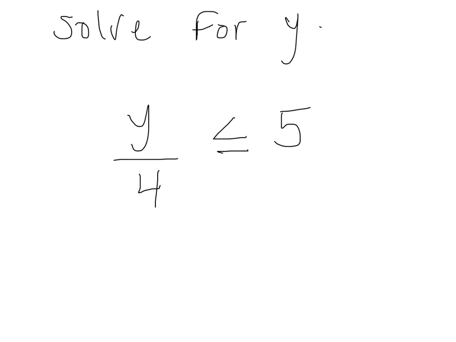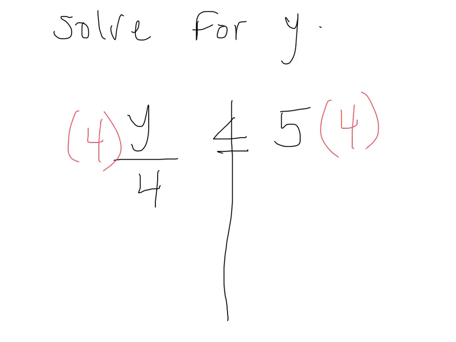Let's try this problem. y divided by 4 is less than or equal to 5. So I'm going to draw the line down the middle so you can see both sides of the inequality. First step in red, I need to multiply by 4 on both sides.